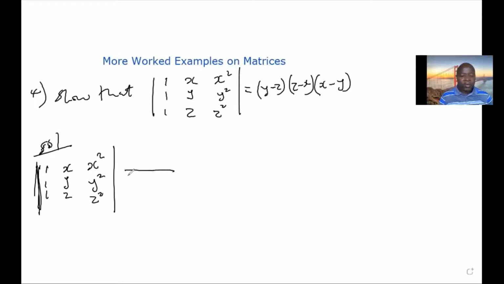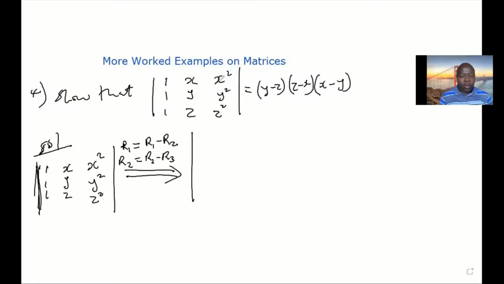To get my new row 1, I have taken the old row 1 minus old row 2, so I have x minus y. Then to get my new row 2, I've taken the old row 2 minus the old row 3.